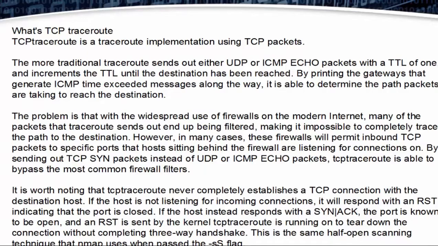If the host instead responds with SYN/ACK, the port is known to be open, and an RST is sent by the kernel traceroute is running on to tear down the connection without completing the three-way handshake. This is the same half-open scanning technique that Nmap uses when passed the -sS flag.